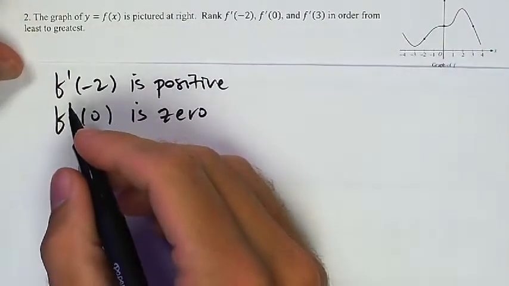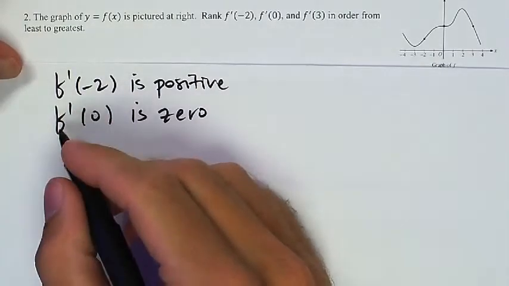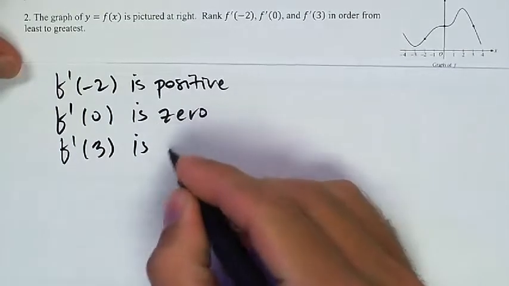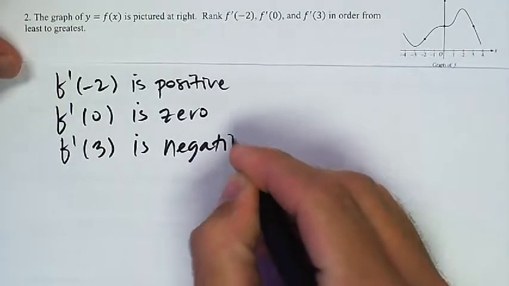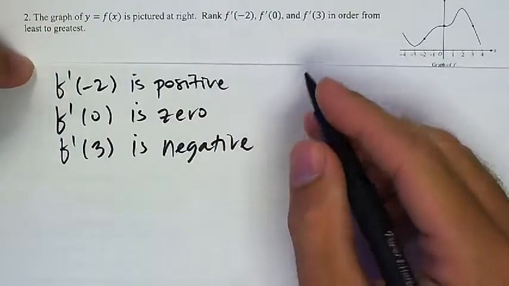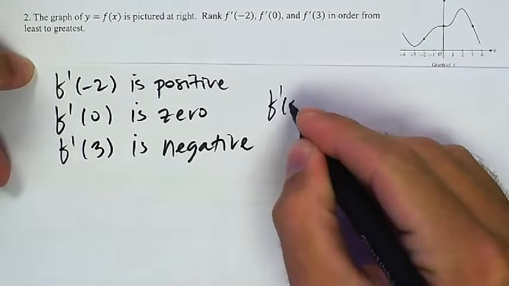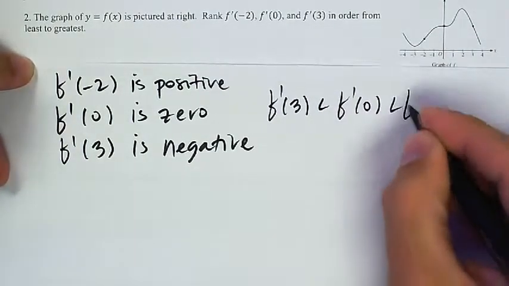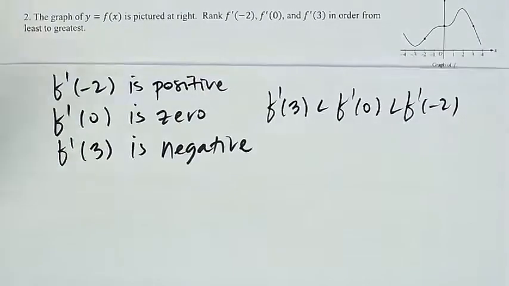And then at x equals 3, f prime of 3 is going to be negative. So if I order from least to greatest, it's going to be f prime of 3 is less than f prime of 0 is less than f prime of negative 2.